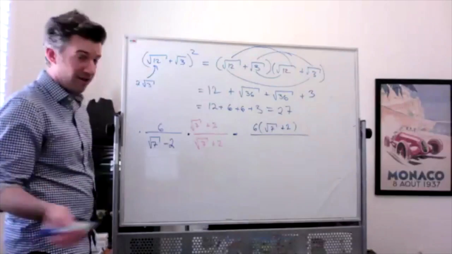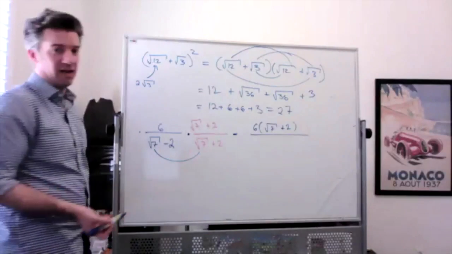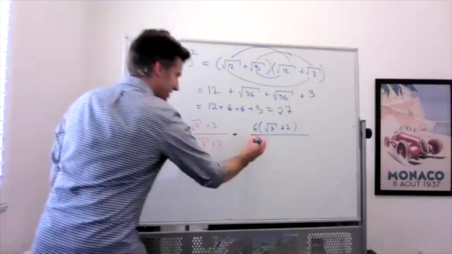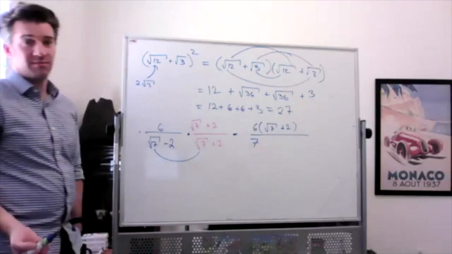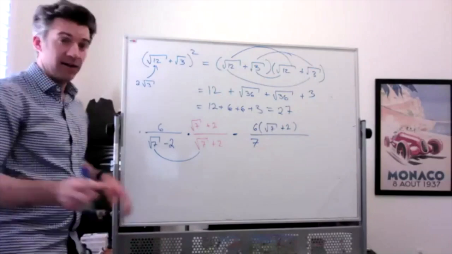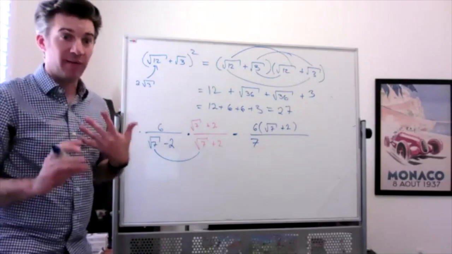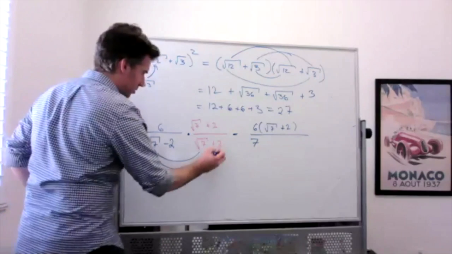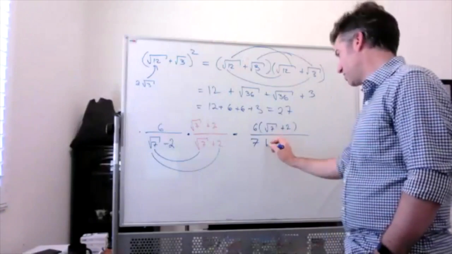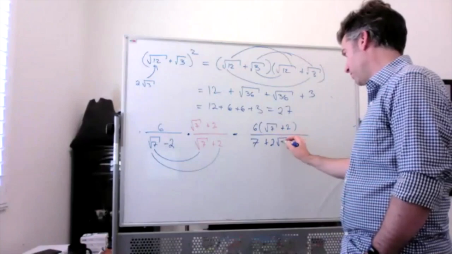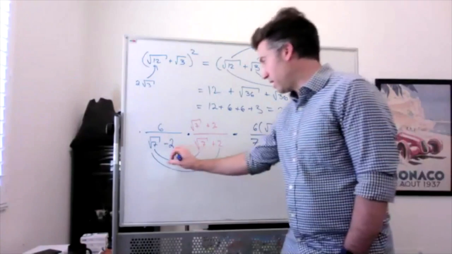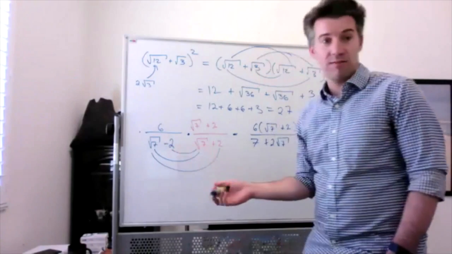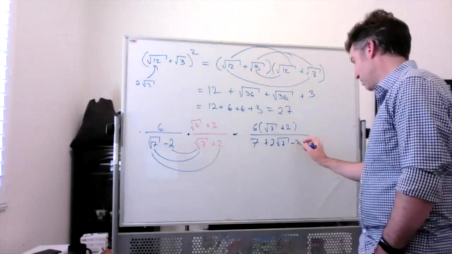All right, what's the square root of 7 times the square root of 7? 7. And now here's something really, really important. This is why we multiply by the conjugate. Square root of 7 times 2 is just 2 root 7. And negative 2 times root 7 is minus 2 root 7.